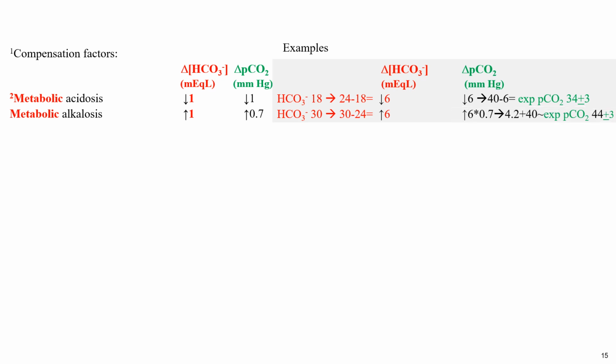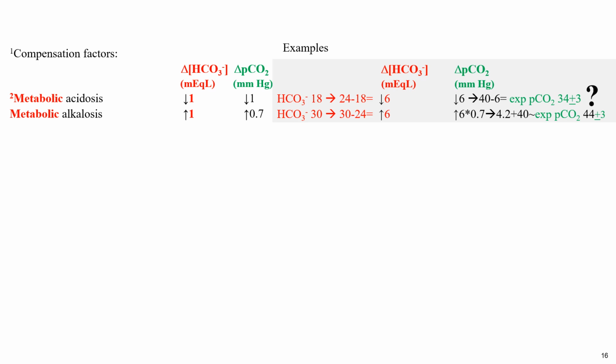Since for every 1 increase in serum bicarbonate, PCO2 increases by 0.7, we multiply 6 by 0.7, which gives us 4.2. We add 4.2 to the normal PCO2 of 40 because PCO2 is supposed to go up when bicarbonate goes up. This gives us an expected PCO2 of approximately 44.